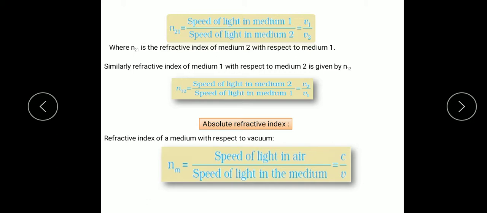If c is the speed of light in air and v is the speed of light in a given medium, then the refractive index of the medium n is given by n is equal to the speed of light in vacuum or air divided by the speed of light in the given medium, that is equal to c divided by v. Hence, for any two media, the refractive index of the second medium with respect to the first medium is equal to the ratio of the velocities of light in the media.